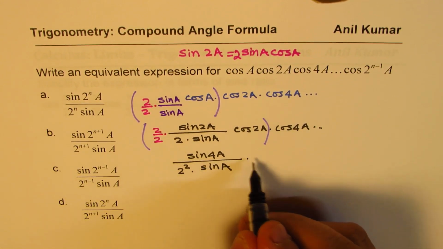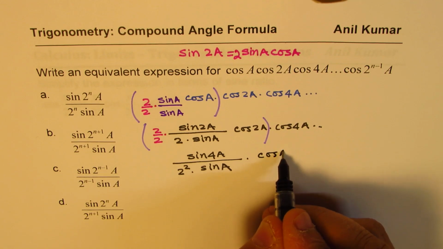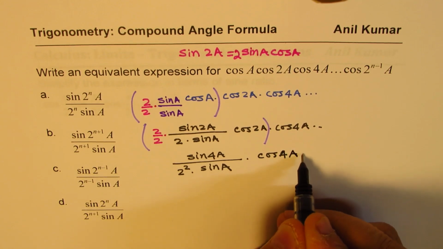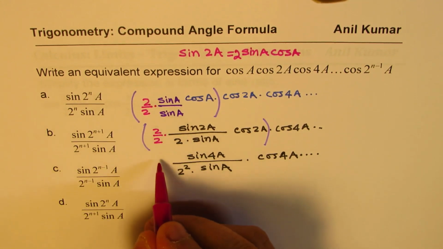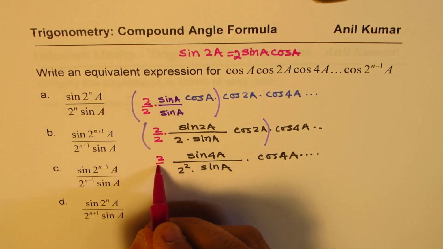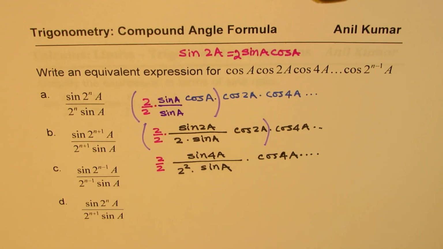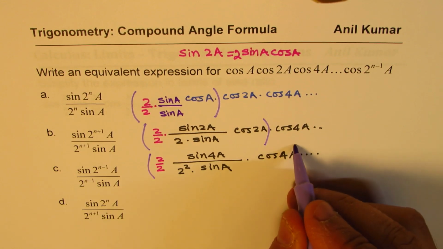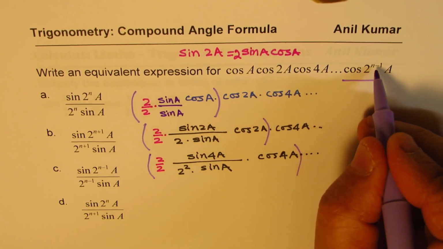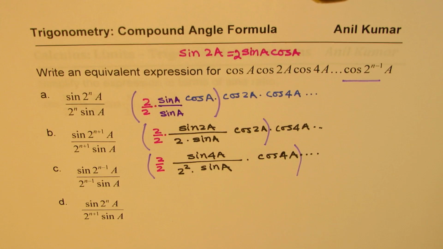And what we are left with is cos of 4A, and so on, correct? Again, we can actually multiply and divide by 2, and we'll get our result. So what will it be? And then we have to see what really happens if we go up to 2 to the power of n minus 1, right? So we'll generalize it now.